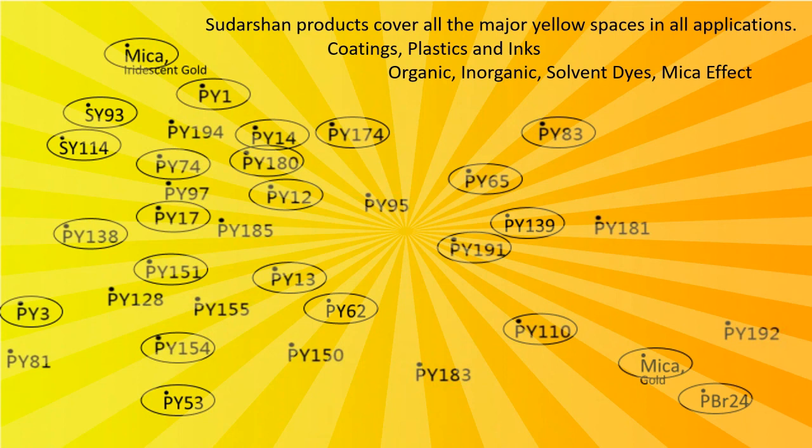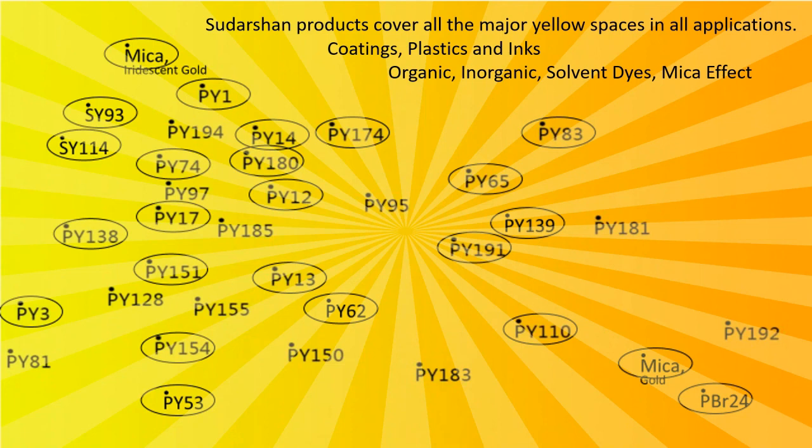On the greenest side, we've got some solvent yellows that are on the greener side. The pigment yellow 138 and pigment yellow 151 tend to be the most green shade of the yellows. In the center, we have pigment yellow 62 and pigment yellow 191 filling that middle shade space.